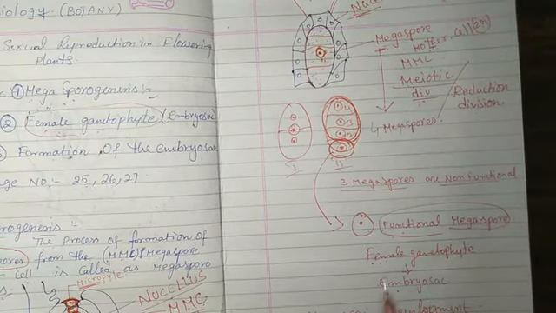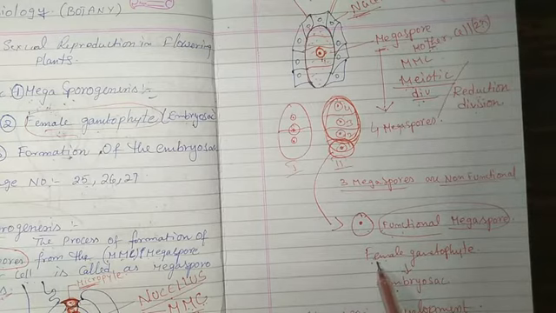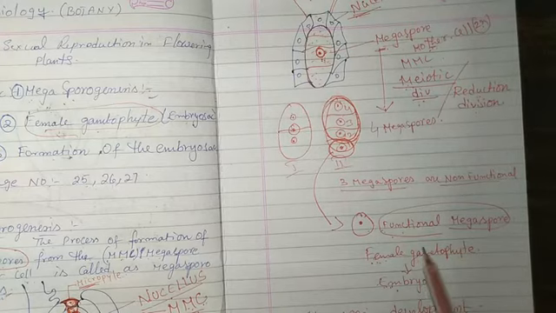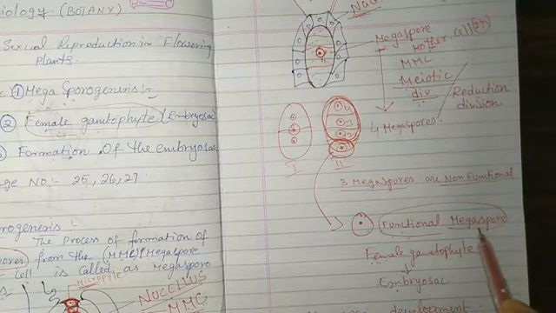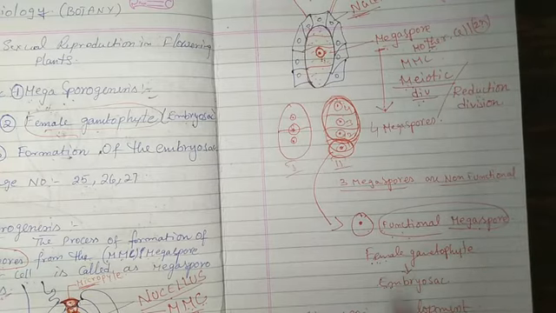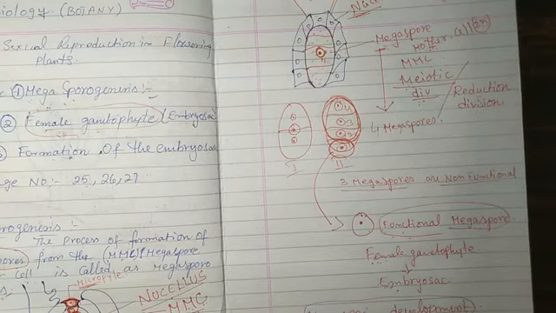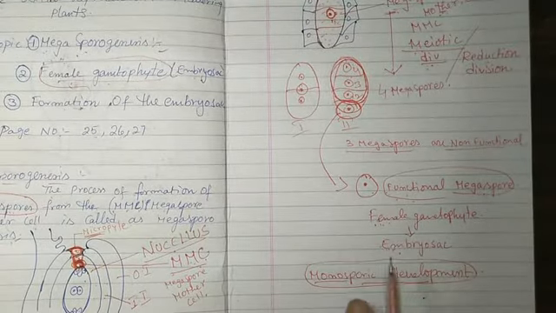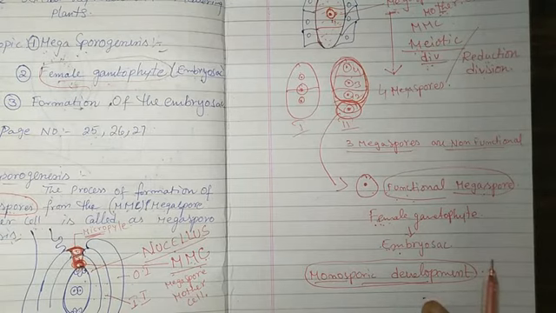Again I will repeat. If the female gametophyte or embryo sac is developed from a functional megaspore, it is called a monosporic development.